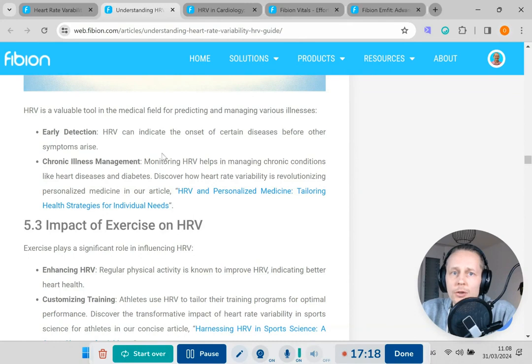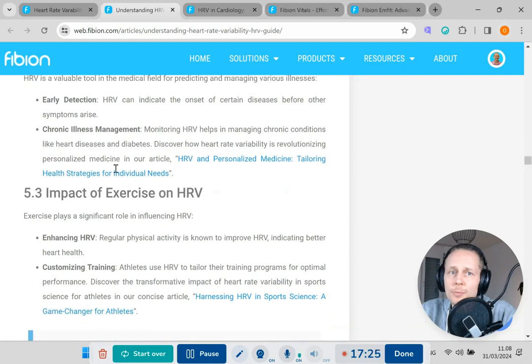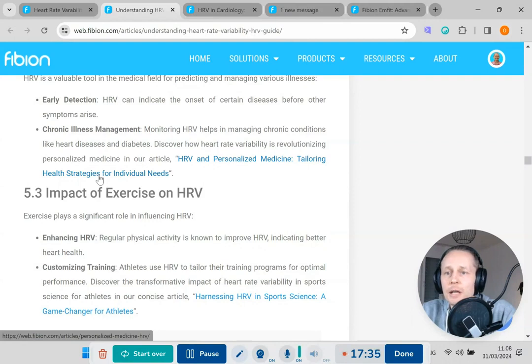So you can use it, for example, in heart diseases and diabetes. And we have a specific article on heart rate variability and personalized medicine. So if you're interested, you can take a deep dive into the topic with that article.